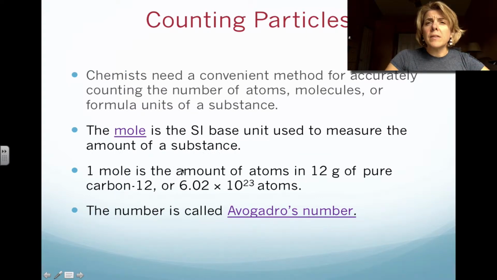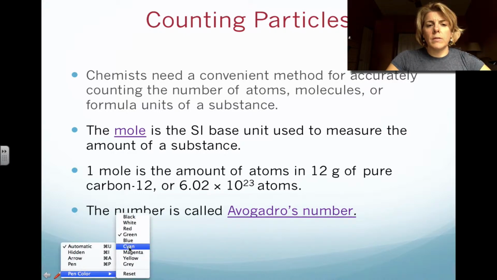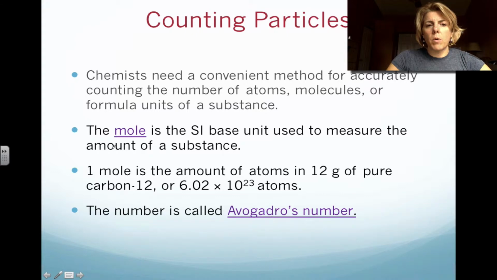Okay, so since atoms are extremely small, we have a lot of them in a tiny bit of matter. And chemists decided that when they got together, they were going to create an SI unit, and that SI unit is the mole. And essentially, we're using it to calculate the amount of a substance. So if you look at 12 grams of carbon 12, so notice we're talking about just the isotope carbon 12.